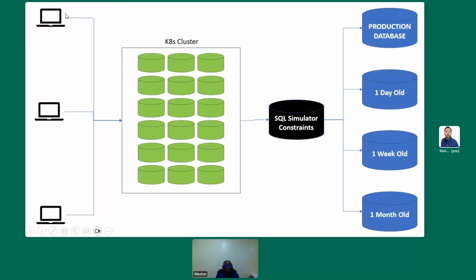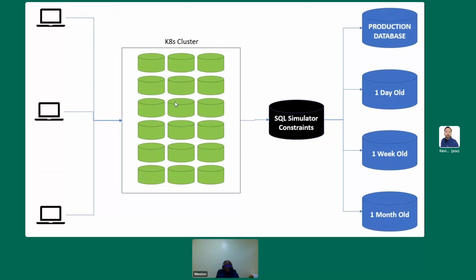So nobody will be able to connect directly to production. You'll run SQL Simulator, and it will create a database for you inside of this Kubernetes cluster, and the users will connect to this, but they will not connect to the production database. You can use something like SSMS to connect to these databases. It works just like a normal database.